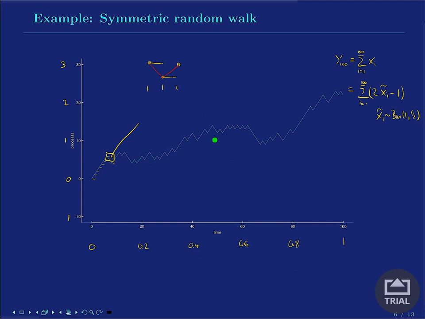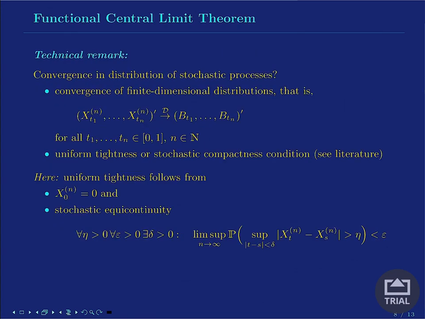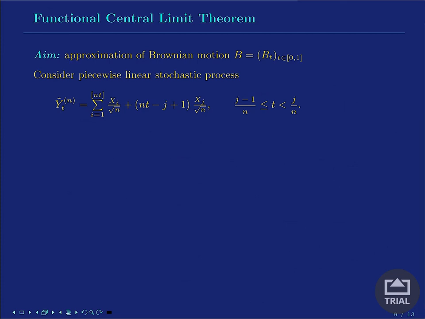So that gives a nice continuous function, which of course is a better approximation for a continuous stochastic process like the Brownian motion. So what we do is actually that we take the process as defined before. So this actually is exactly our process ytn.